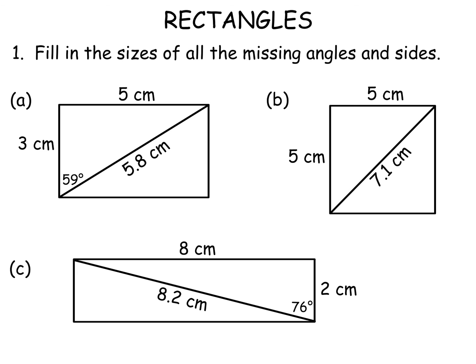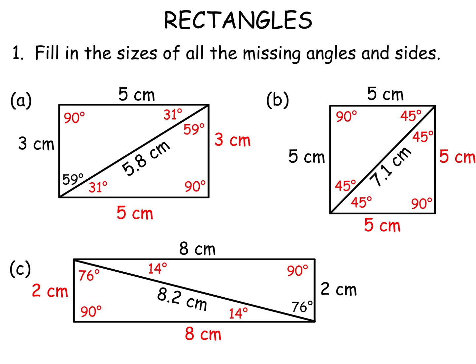So that covered all the shapes. If you click the link in the description, it's a worksheet where there are rectangles, parallelograms, kites, rhombus, no trapezia, and the squares just put in among the rectangles there. The answers will be on the sheet.